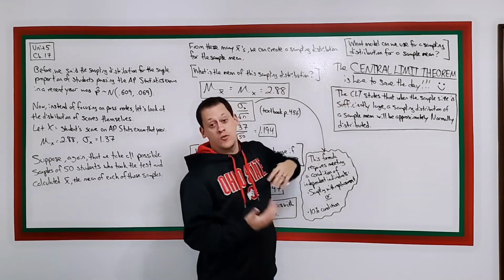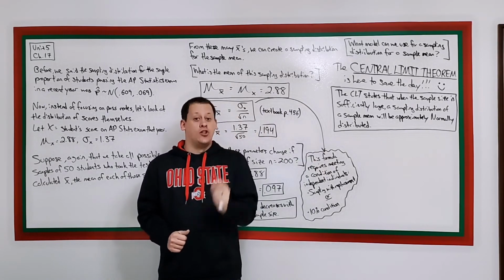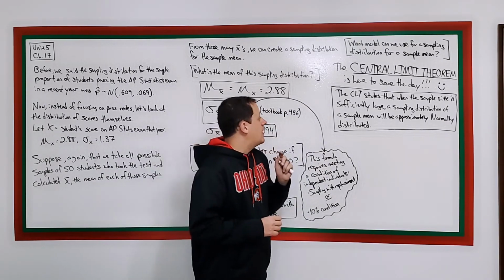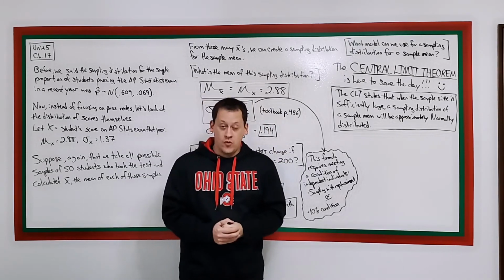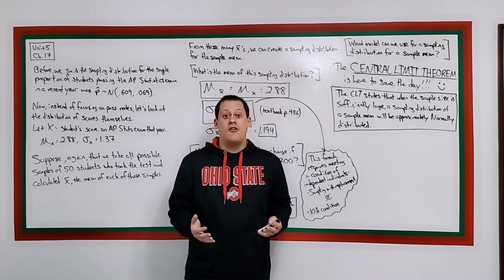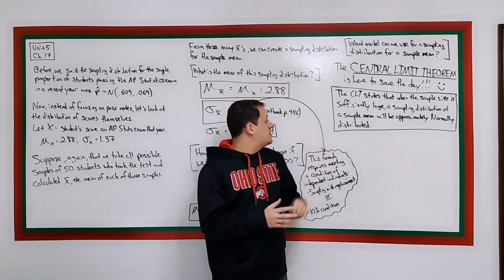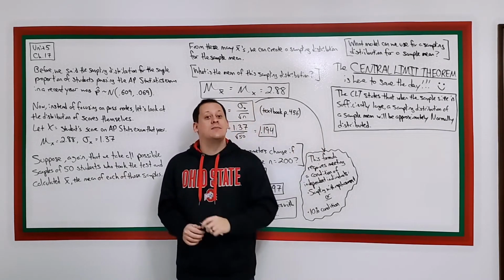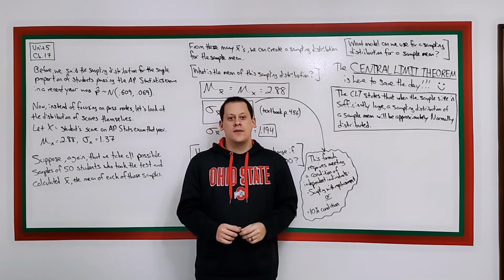The central limit theorem, or CLT, states that when the sample size is sufficiently large, a sampling distribution of a sample mean will be approximately normally distributed. It's amazing. For any population, the sampling distribution of the sample mean will be approximately normally distributed as long as the sample size is sufficiently large.